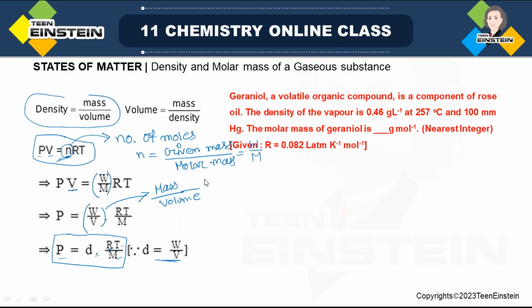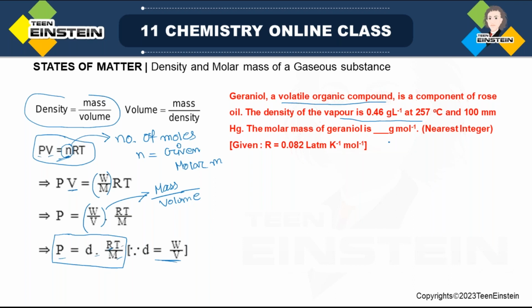So here we have this equation, and now a problem. The problem says that zeanion, which is a volatile organic compound, is a component of rose oil. So that is information about this compound, but the actual information which we will be using is that the density of the vapor of this compound is given as 0.46 gram per liter.